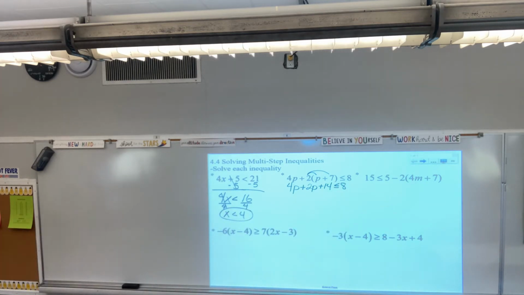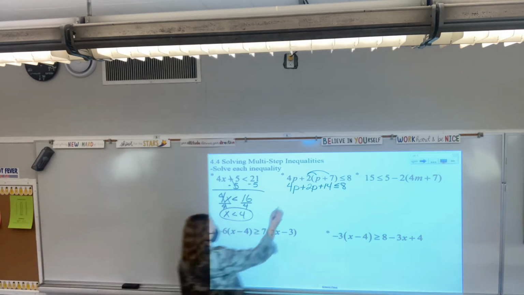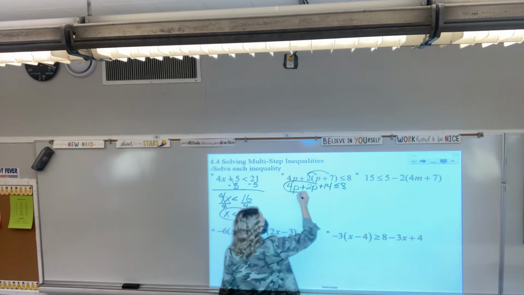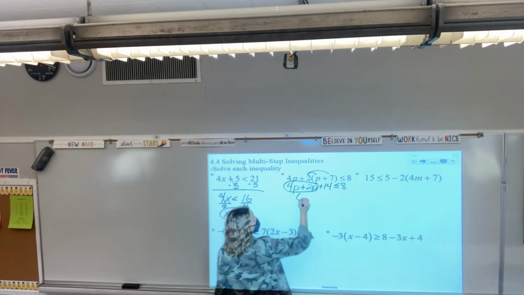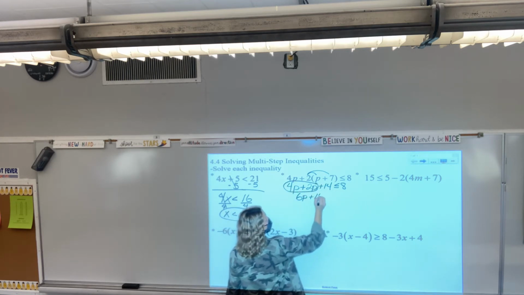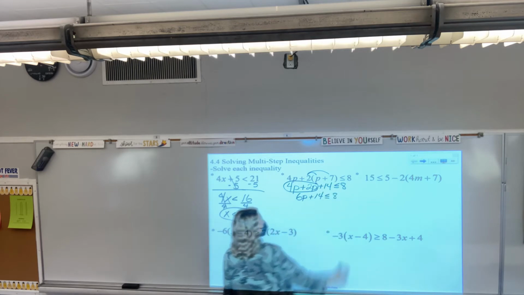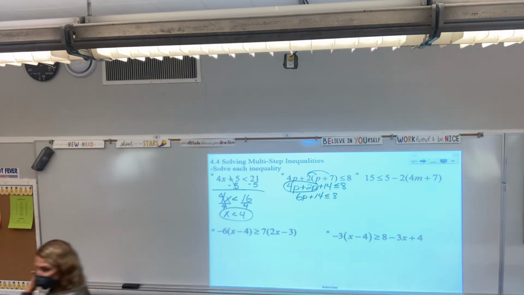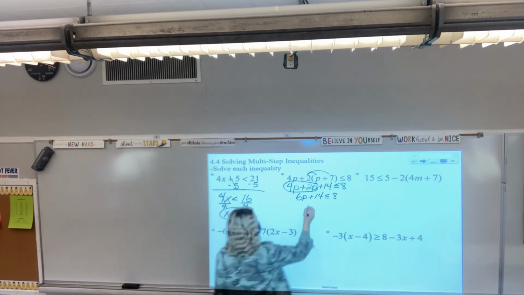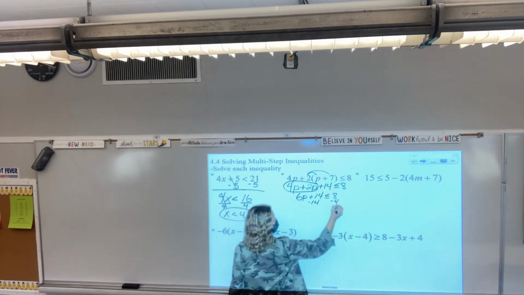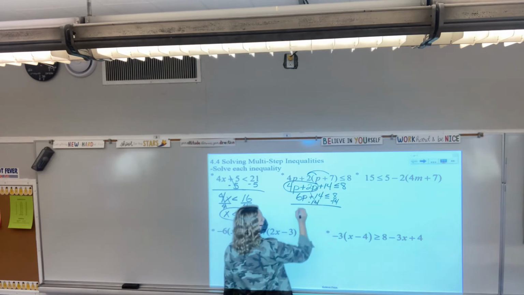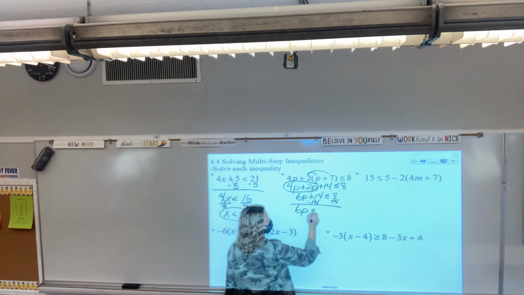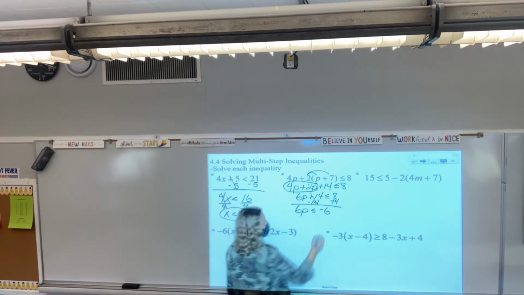And then what? 4 and 2, we're going to add them. 4 and 2 gives me 6p plus 14 less than or equal to 8. Now you're going to subtract 14, and you're going to end up with 6p is less than or equal to negative 6.